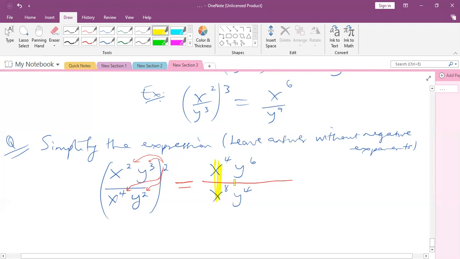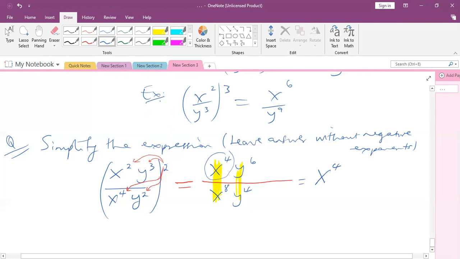These are alike, and these are also the same bases, so I can simplify them. To simplify, I'm dividing. Since I'm dividing x to the power 4 by x to the power 8, I have to subtract the exponents. So this is the same as writing on the top base x to the power 4. Okay, we're going to write this down.